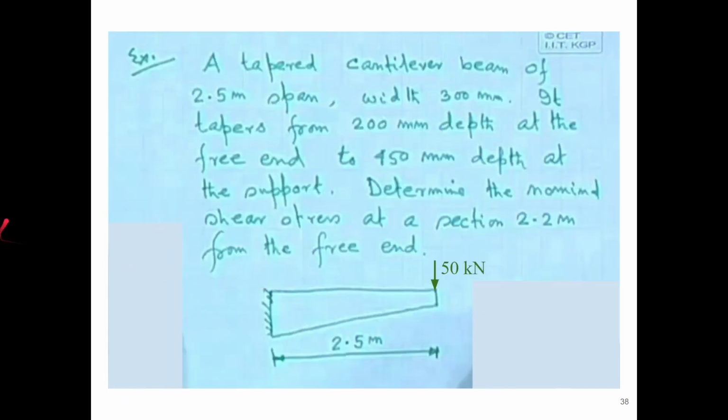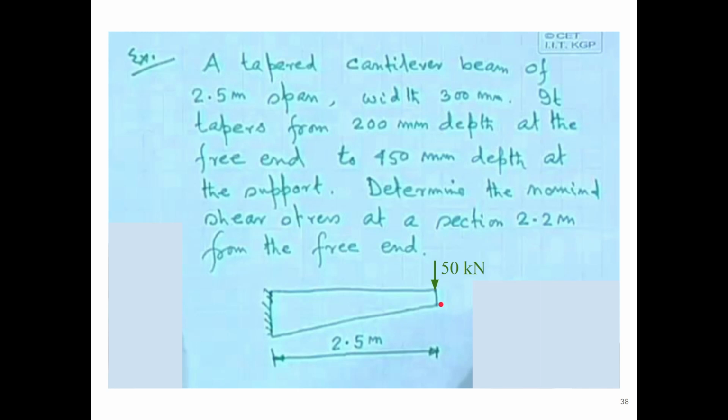Now let us try to fully understand this idea, the shear force at varying depth. Let us solve this problem. A tapered cantilever beam of 2.5 meter span has a width of 300 mm.